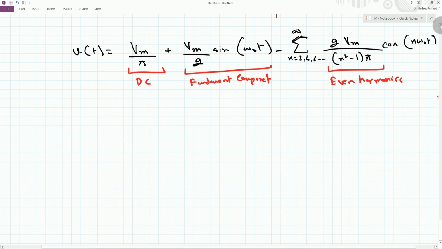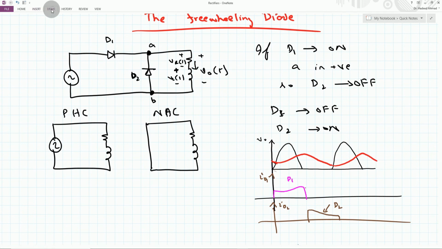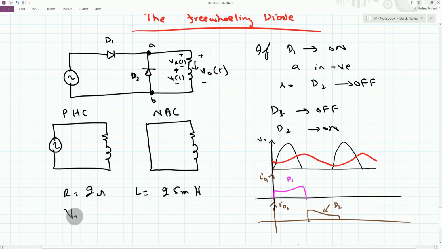For example, in the above circuit that we have shown here, let us say that R equals 2 ohm, inductance is 25 millihenry, Vm is equal to 100 volt, and the frequency is equal to 60 hertz.